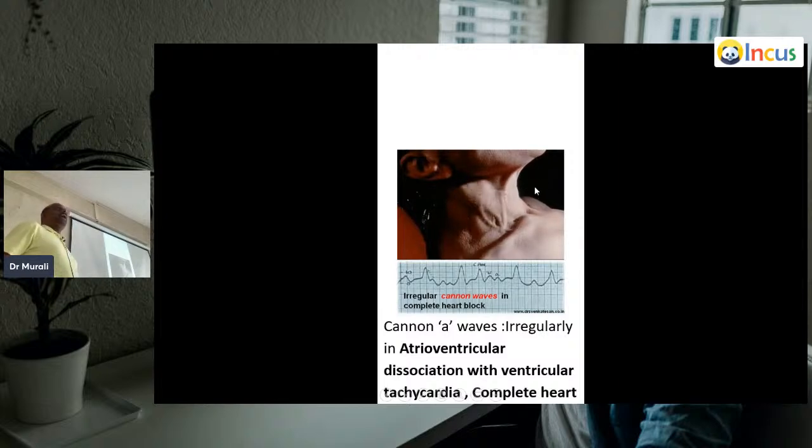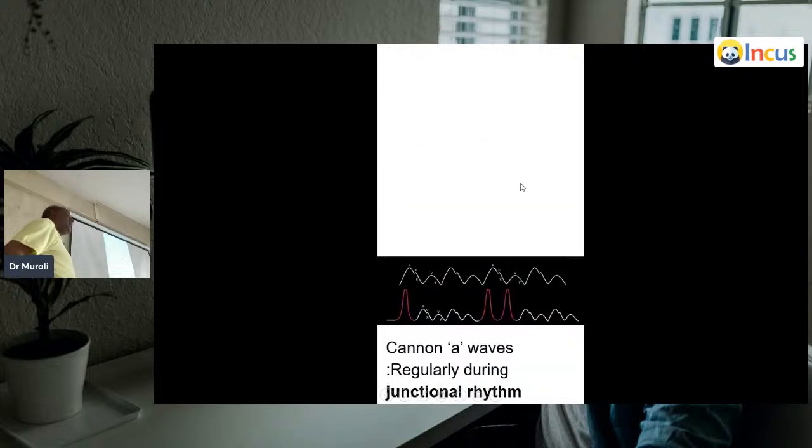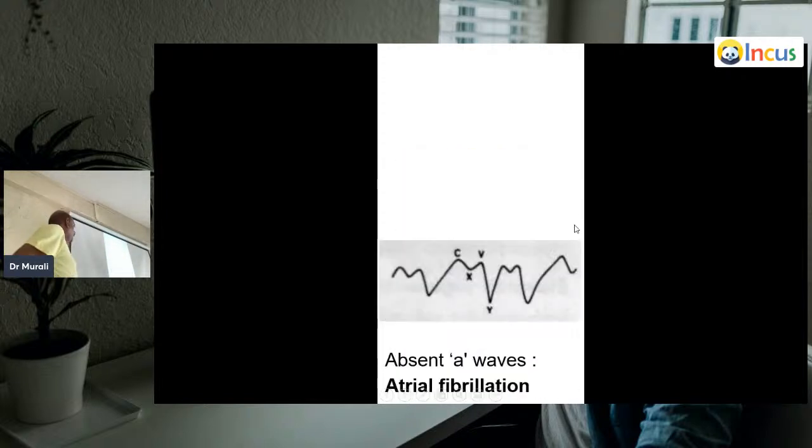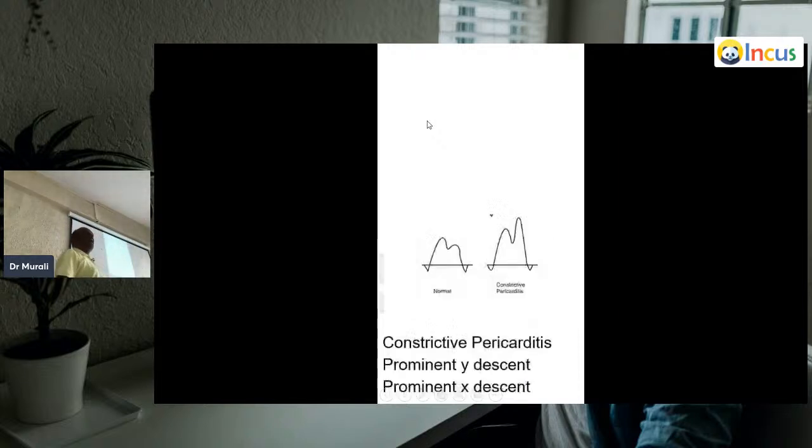Typically, canon A waves can be irregular, or canon A waves can be regular. Irregular canon A waves are seen in AV dissociation, complete heart block. And canon A waves regularly happen in junctional rhythm. So these are the 2 points you need to remember. Absent A waves you already know: atrial fibrillation. Then a prominent X descent, prominent Y descent.